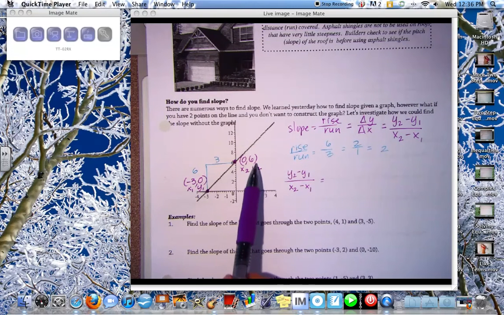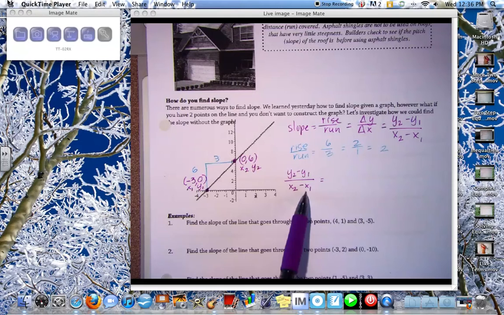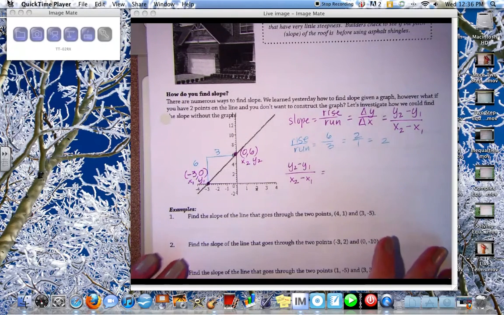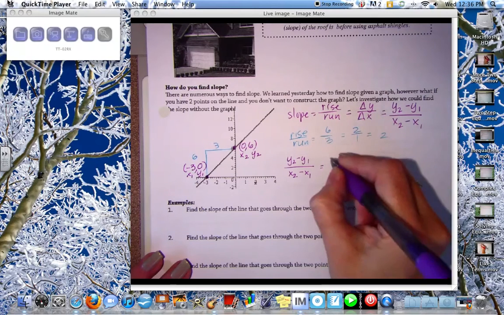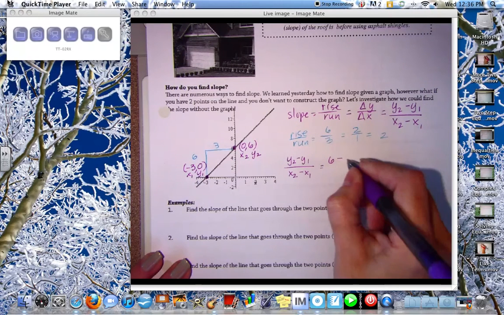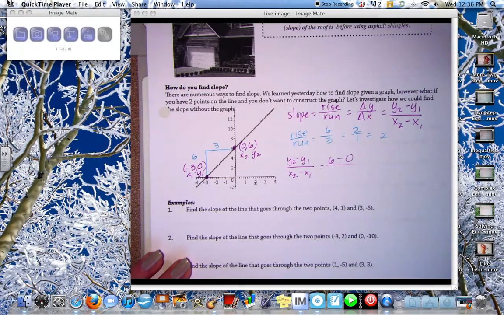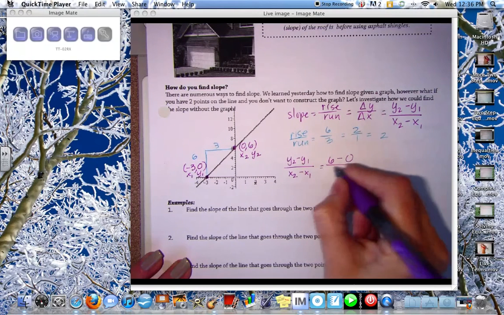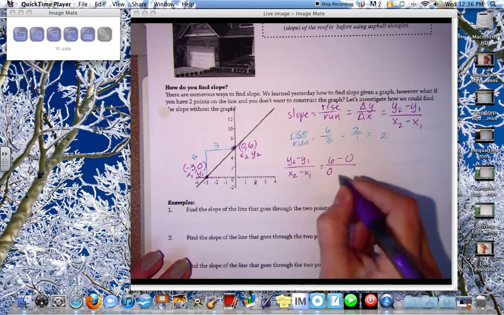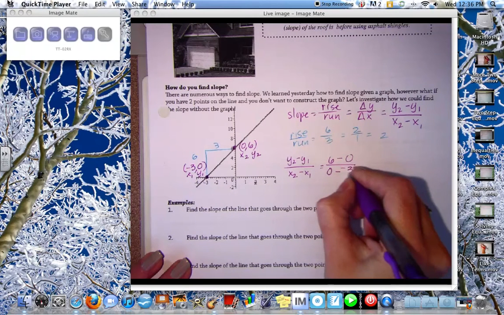So when we substitute these 4 values into this formula, then we get out the slope. Our value for y2 is 6, and we subtract the y1 value, which is 0. Draw the fraction line. Our x2 value is 0, and we subtract -3.